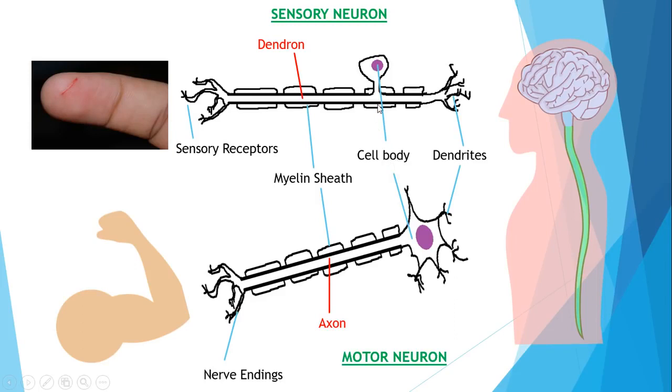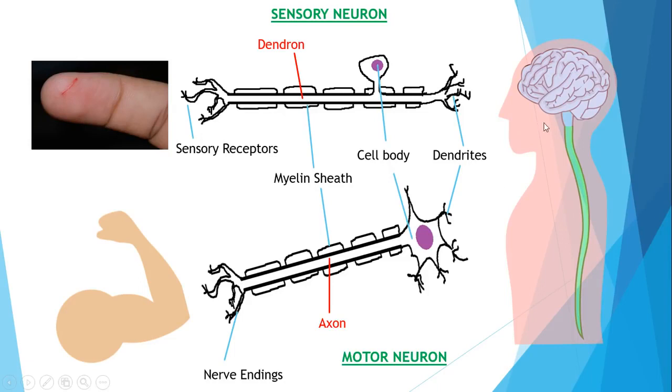In the sensory neuron, the cell body is midway, or at least not at the ends of the neuron, but for a motor neuron, the cell body is always at the end where the dendrites are. So technically, it's not at the end. Actually, it's at the front part, because this is where the impulse starts.